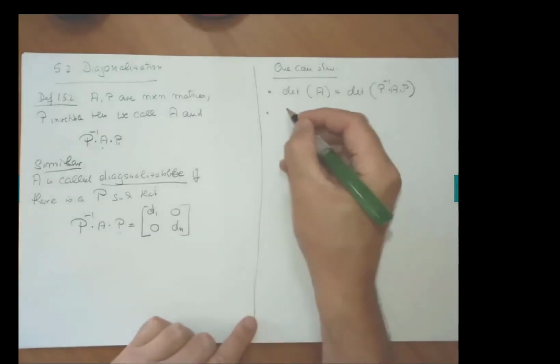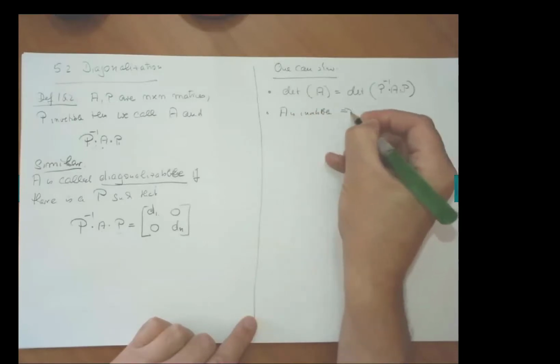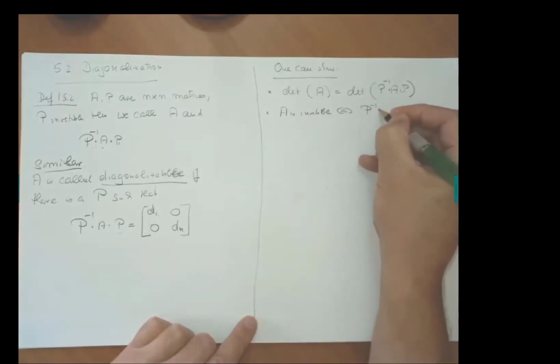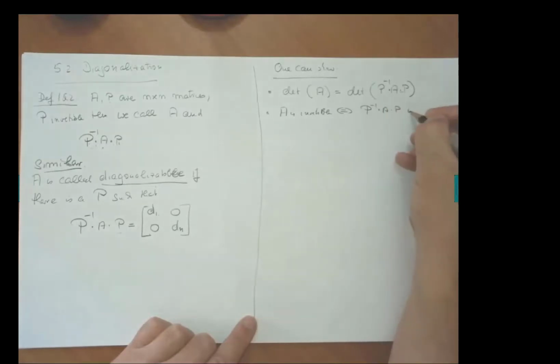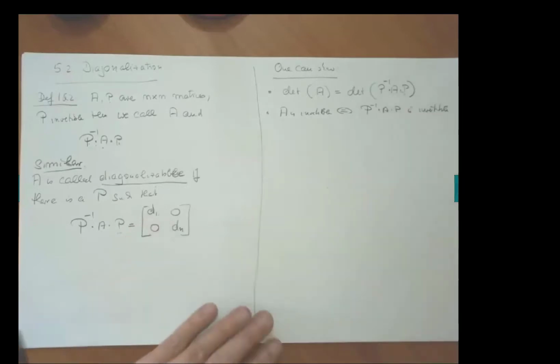Then the next thing is A is invertible if and only if P inverse AP is invertible. Again, that's easy to see, because a product of invertible matrices is invertible. That is an easy result based on chapter 1, when we talked about products of invertible matrices.